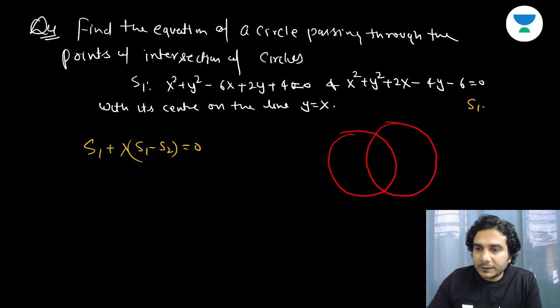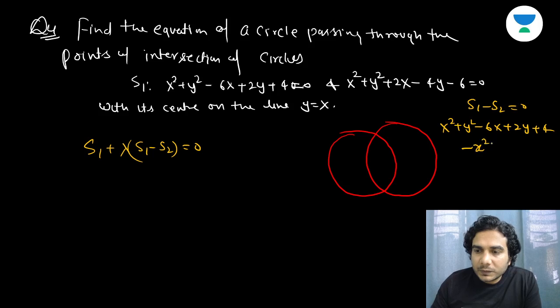Let's write S1 minus S2 separately. You can do S1 minus S2 or S2 minus S1. So it is actually x square plus y square minus 6x plus 2y plus 4 minus x square minus y square minus 2x plus 4y plus 6 is equal to 0. So x square and y square will get cancelled.